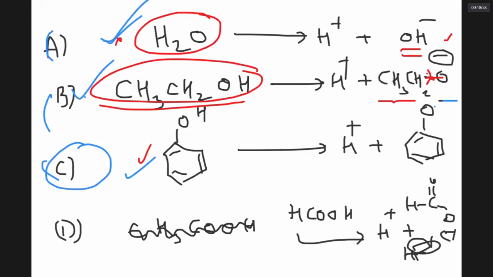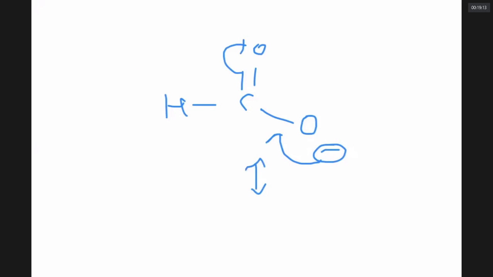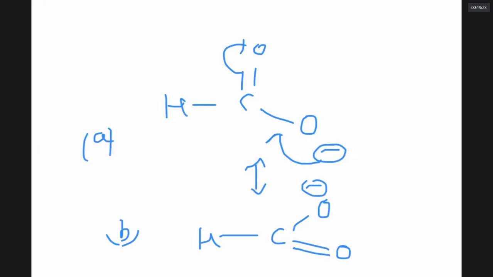Now let us compare the resonance in the formate ion. In the formate ion, you can see negative charge, single bond, double bond. Therefore, it can go there, it can come here. Here there are two resonance forms, but both are identical because in both cases oxygen is holding the negative charge.